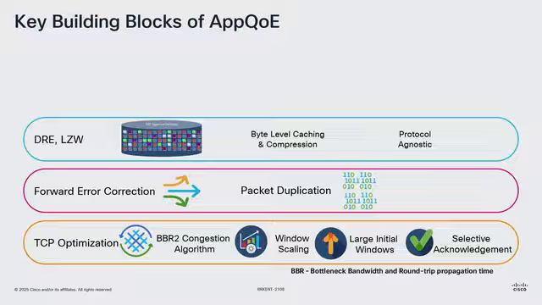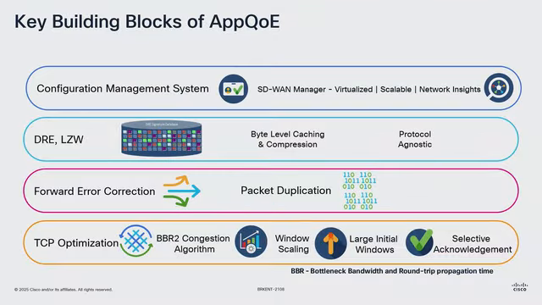In some deployments and test cases, or under some particular conditions, we have seen improvement of throughput by up to 90% with the enablement of TCP optimization and DRE. And all this can be simply configured and enabled using the SD-WAN Manager in just a few clicks.